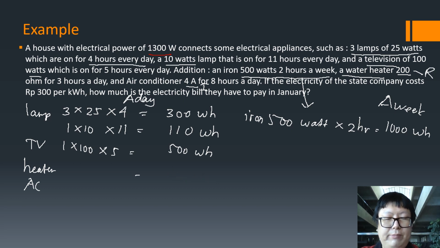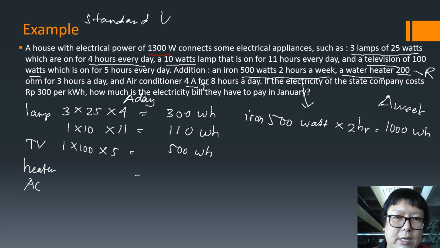Then how to count it? If the water heater is 200 ohms, then you have to find the energy. So 200 ohms, so the R, right? We assume that there is no current and no voltage given here, then we use the standard voltage.